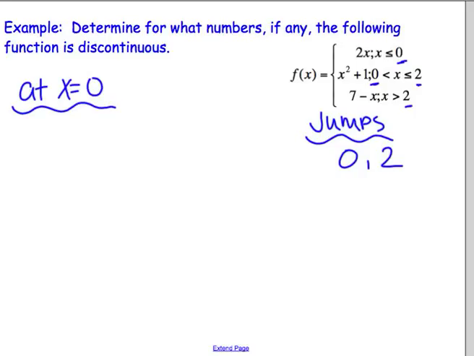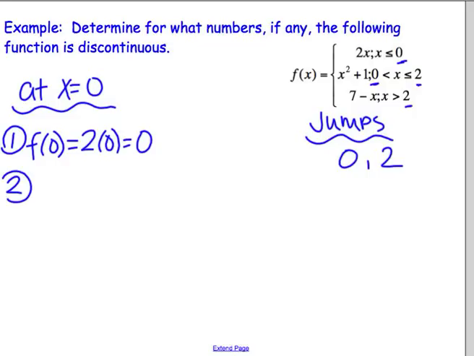Let's start with x equals 0. Remember, the first thing we need to find is f of 0. Now, when x is equal to 0, it looks like we're going to use the function 2x. So we get 0. The second thing we need to check is the limit as x approaches 0.